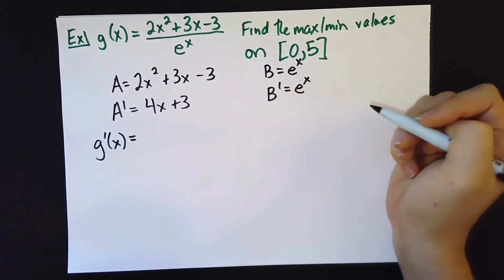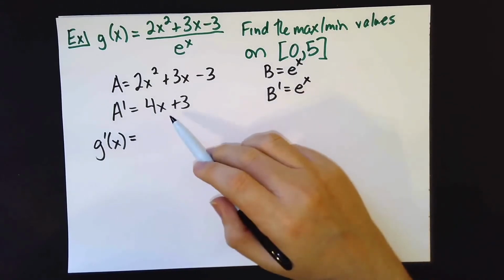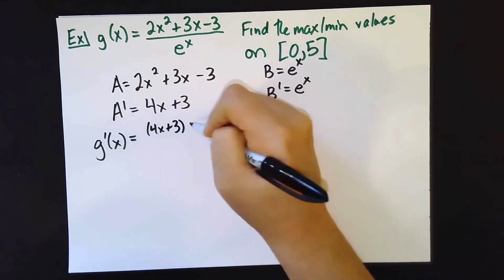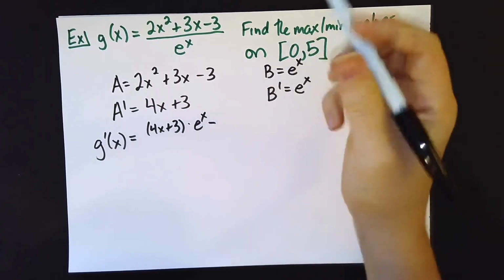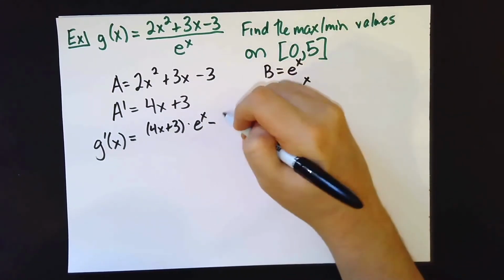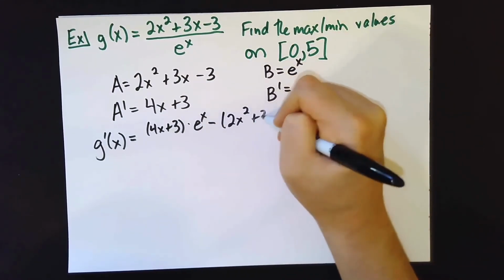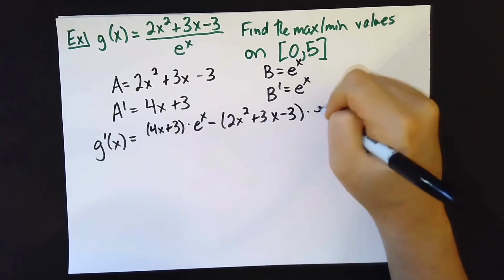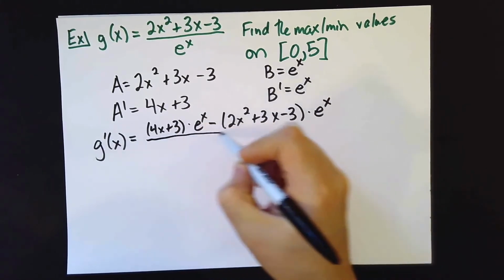I can go ahead and write down the derivative. This is going to be a prime b minus ab prime, all divided by b squared.